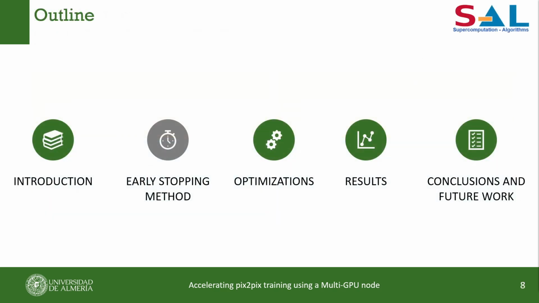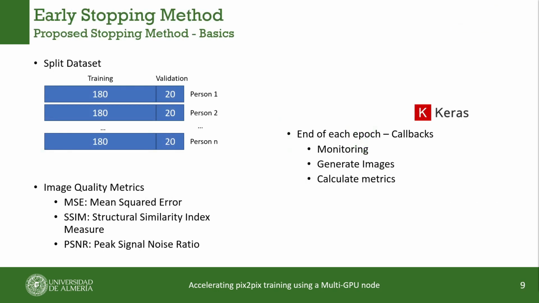In this section, we'll describe the early stopping method. There are several concepts that define our early stopping method. As in the default neural network training, the dataset is divided into train and evaluation.